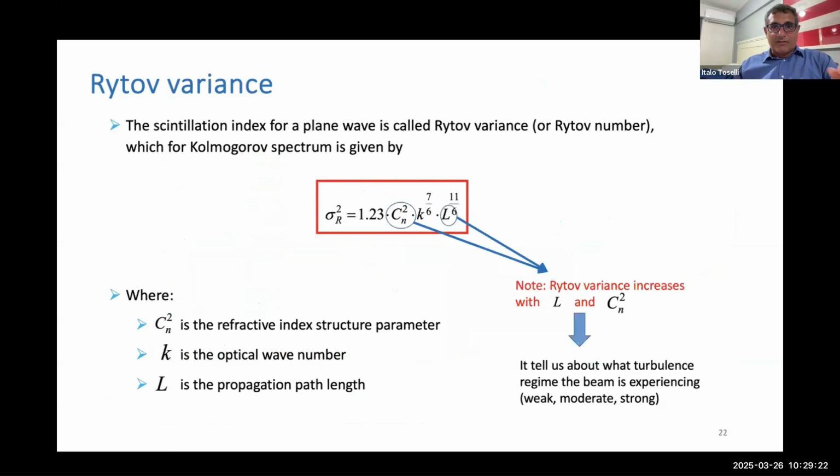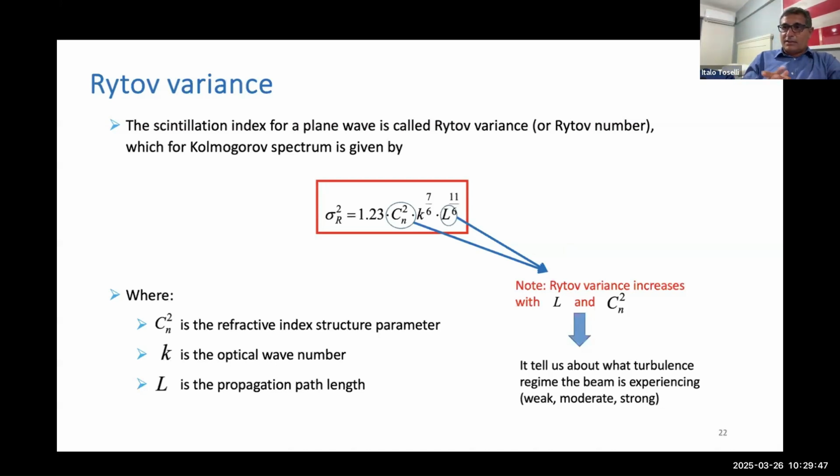Okay, what is the Rytov variance? As I said, the Rytov variance is the scintillation index for a plane wave. Why is it important? Because we need to determine whether our beam is propagating through weak or strong turbulence.